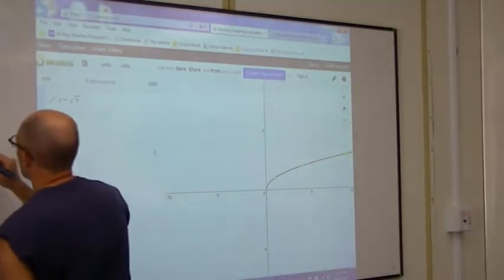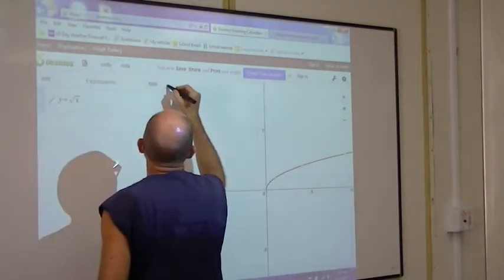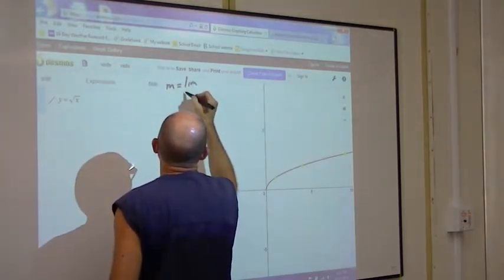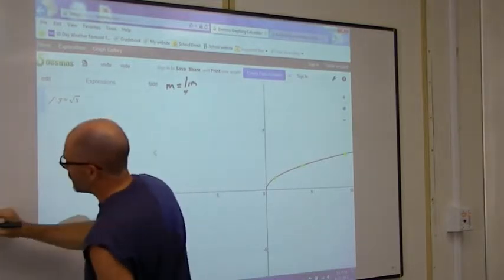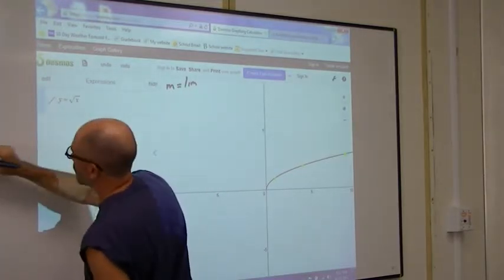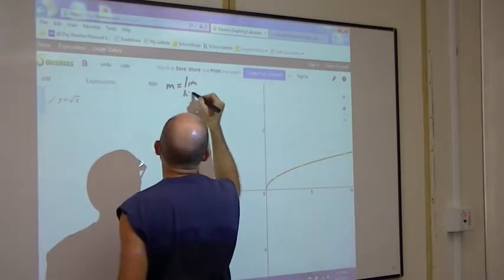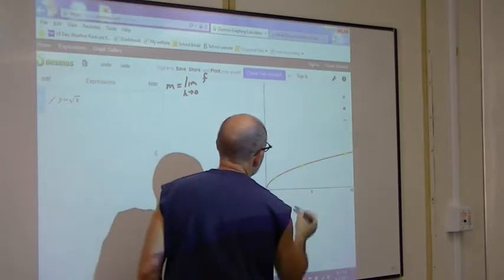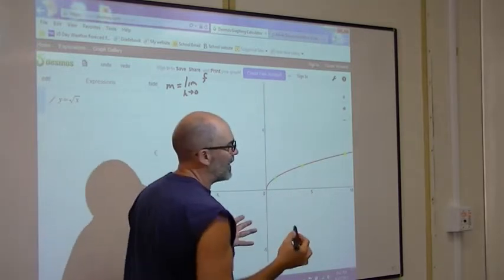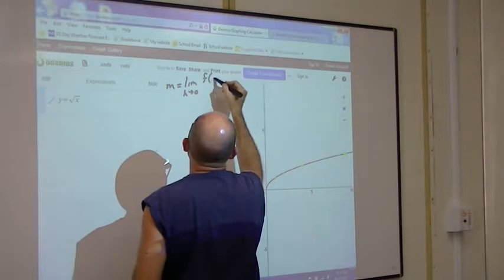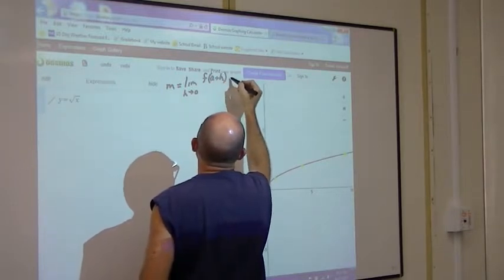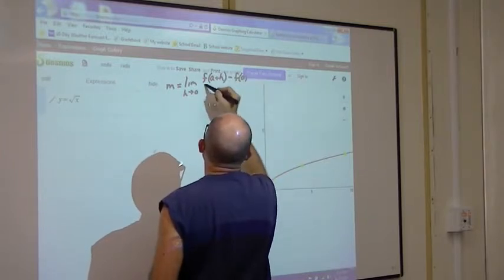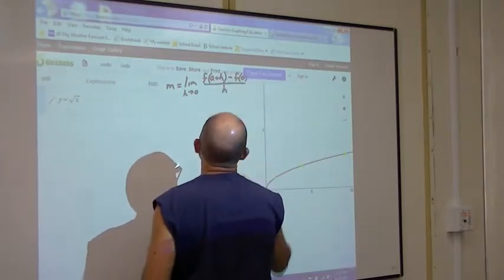Okay, so the slope anywhere is going to be the limit as h approaches 0 of f of a plus h minus f of a all over h.